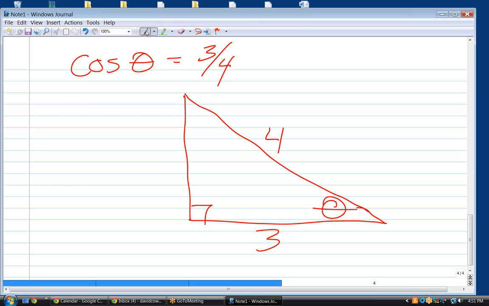Now, we have 2 sides of a right triangle. We can always figure out what the third side is. What's this side over here? You want to get so you can solve right triangles quickly.